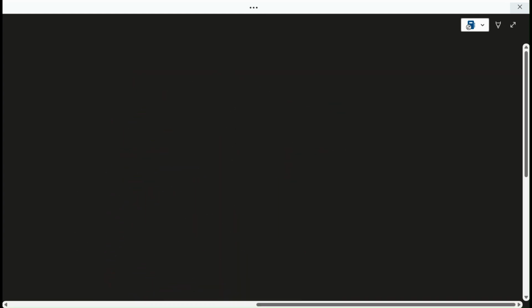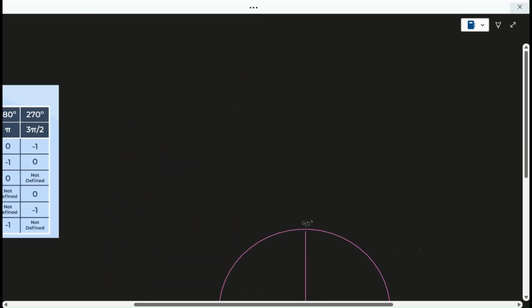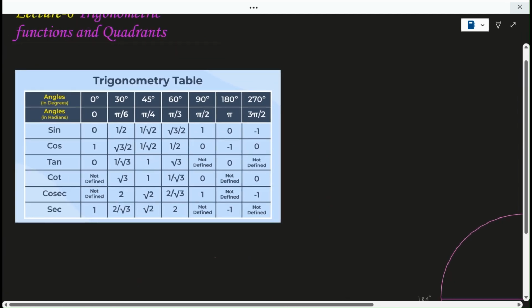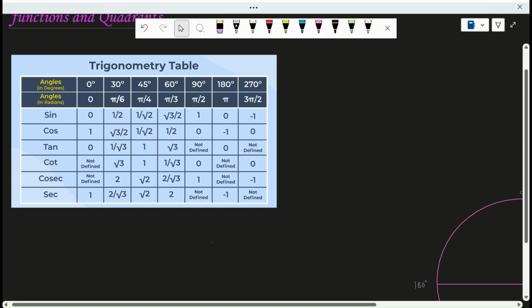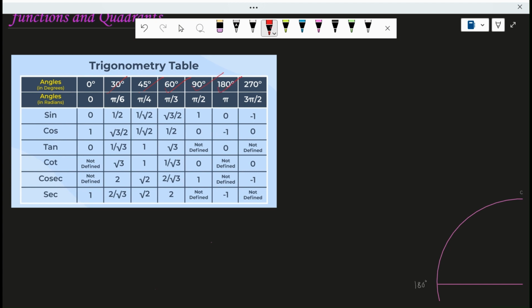So in this very table, we see some of the very basic angles: 30, 45, 60, 90, 180 and 270, right? So these angles have different values, and we will see how we can obtain these values at the different angles.